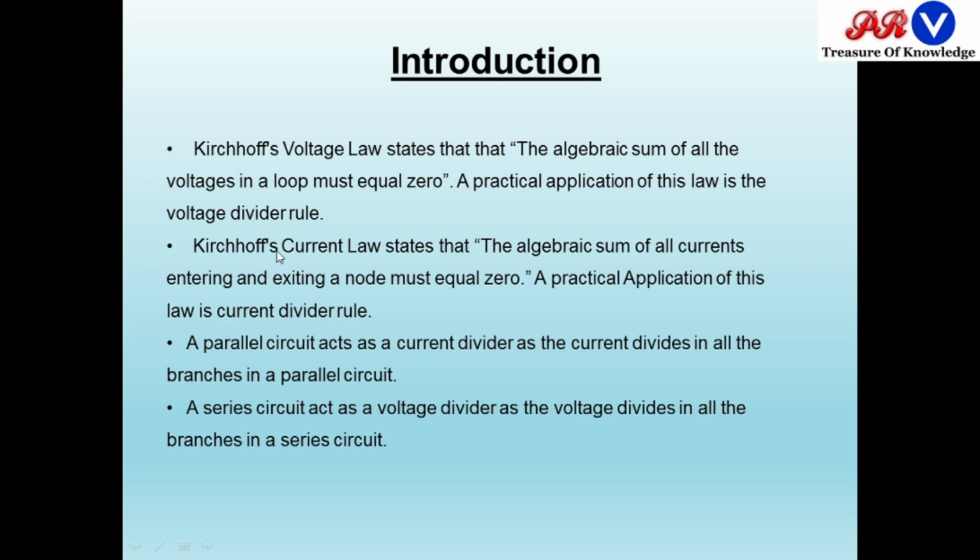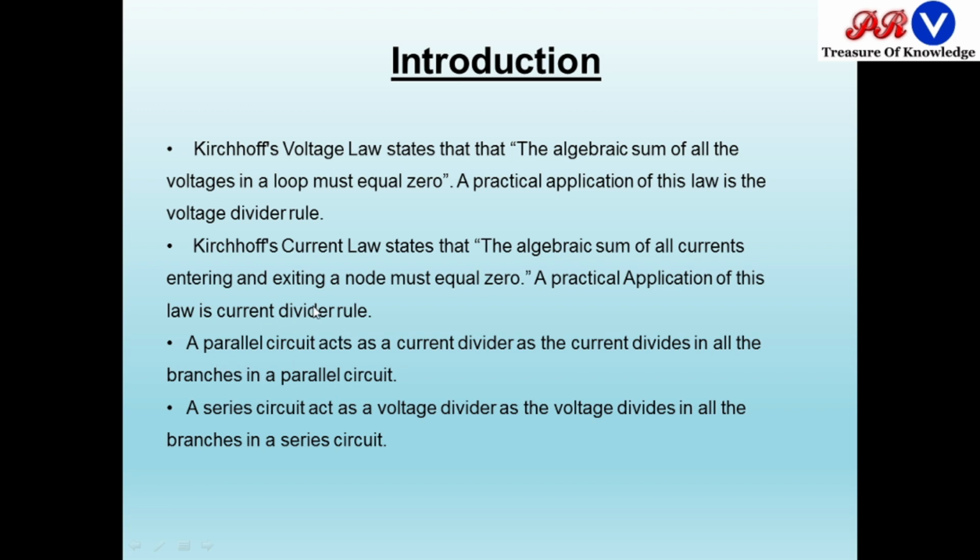The next law is KCL, which states that the algebraic sum of all currents entering and exiting a node must equal 0. Means the total sum of the currents at a node must be equal to 0. A practical application of this law is the current divider rule.